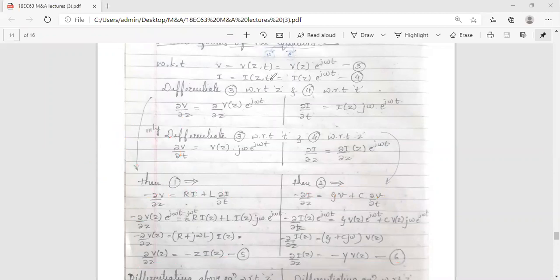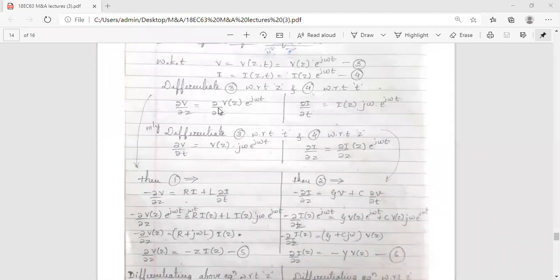Let us continue, as we need to get the second order differential equation. Equations 5 and 6, which we had got, we have to differentiate one more time, so that we will get the second order equation.